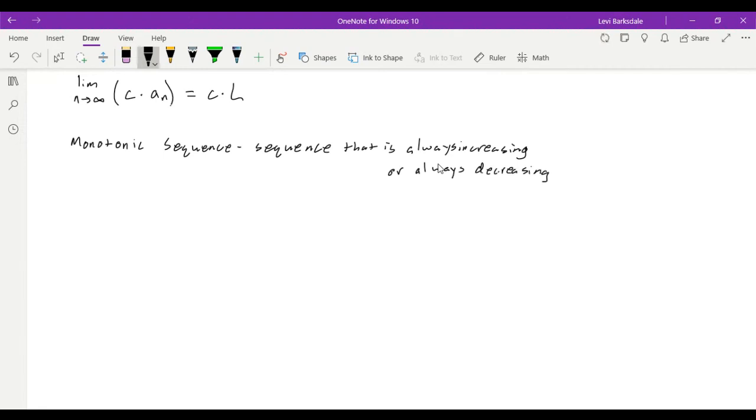And the way we express that mathematically is we could say that the current term a sub n is always less than or equal to the next term. Or we could also say that the current term is always bigger than or equal to the next term. So that's the definition of monotonic. It just means always increasing or always decreasing. And what that looks like is basically you'd have to always be going up. You could never have a negative slope per se.